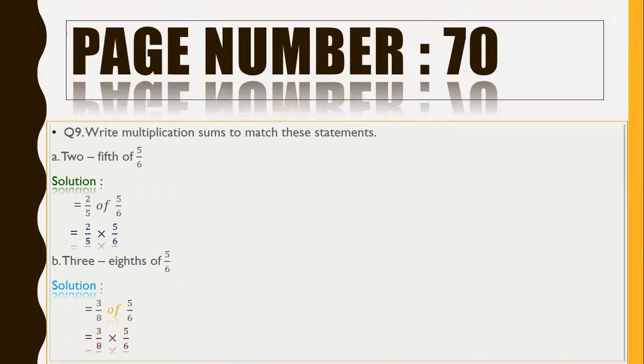The first is 2 fifths. Fifths, you see TH, fifth. And we did this in the starting pages. When we have TH, it means that number will be in the denominator. When we were doing the tenths position, the hundredths, the thousandths, after the decimal we write that number.